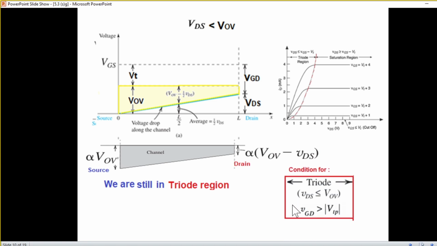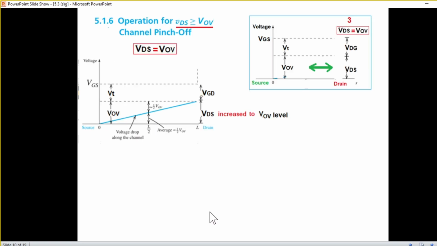So for the triode region, the condition is that VDS has to be less than or equal to VOV. Or, on the other hand, we can also take the upper part, that is VGD has to be greater than VT or VTP. So these were the first two conditions.